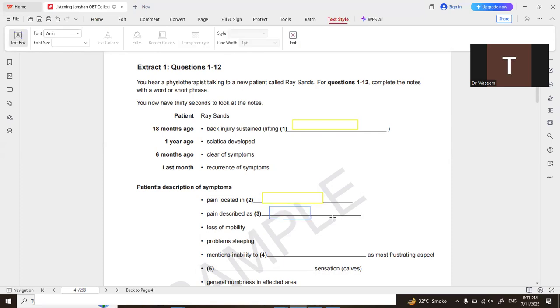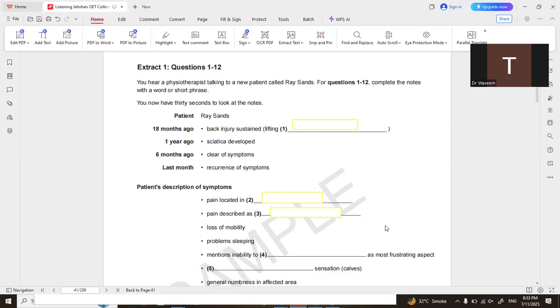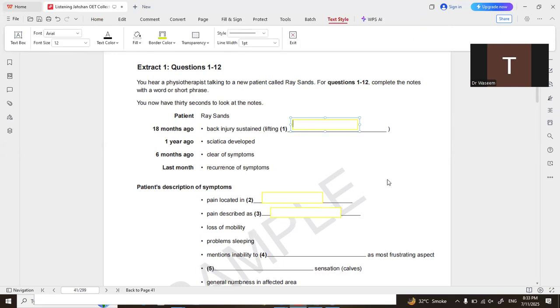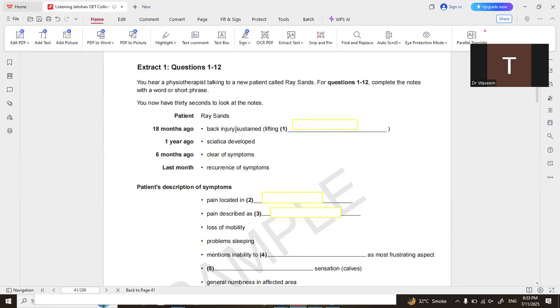So now, how are we going to write the answers? The first and foremost thing is, as I always mention, that you have to use the pencil. And what I mean by using the pencil is that you have to underline the stuff before and after.